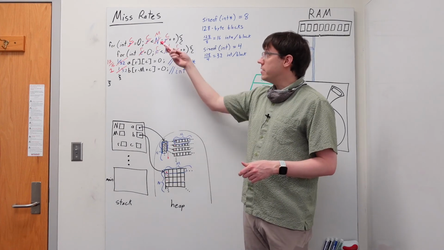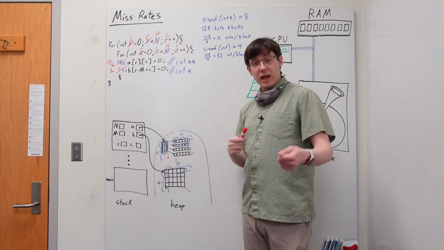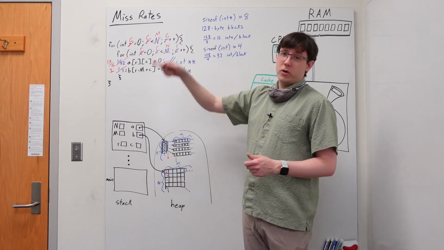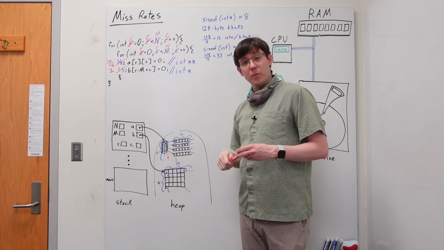So if the dimensions of our array m and n are very large, then we can ignore the outer loop in terms of calculating our miss rates.